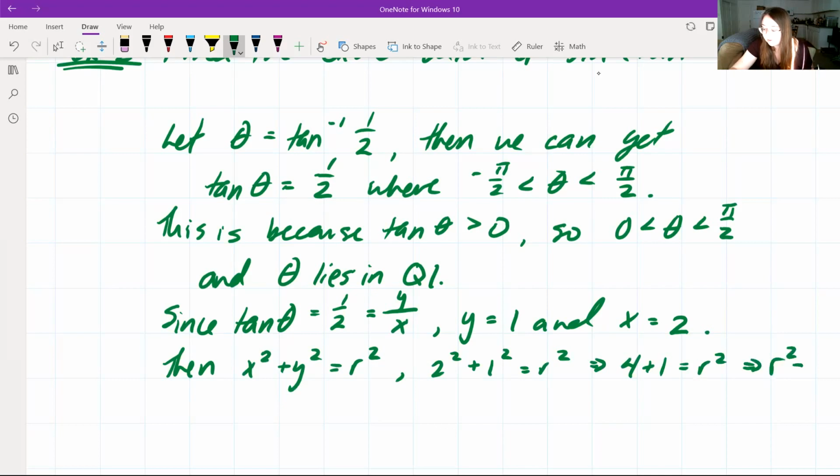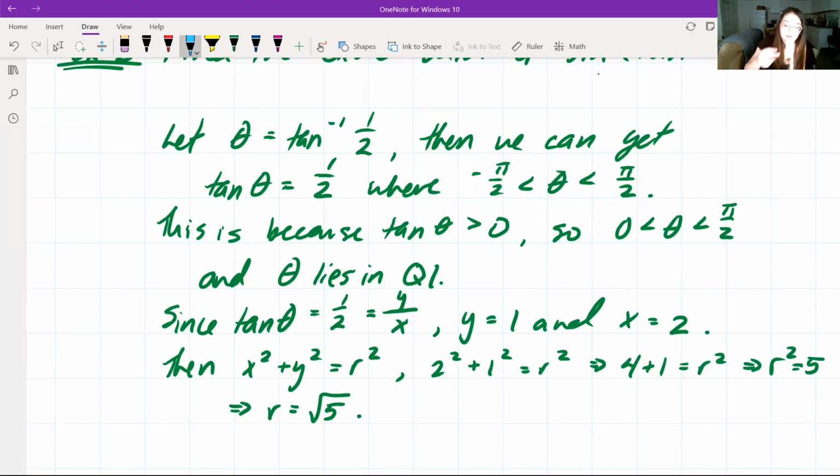So we're getting that r squared is equal to 5, which means that r is going to be equal to the square root of 5. That's going to be positive because we can only have a positive radius. So our radius is now equal to the square root of 5.